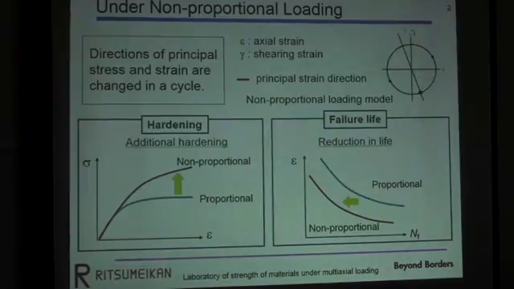This additional hardening and the reduction in failure life depend on the material, and also on the loading path. Therefore, in non-proportional loading, evaluation of stress, strain, and non-proportionality is very important to evaluate the failure life.